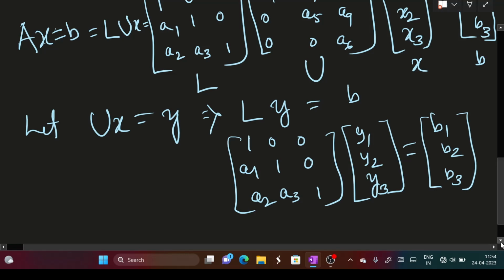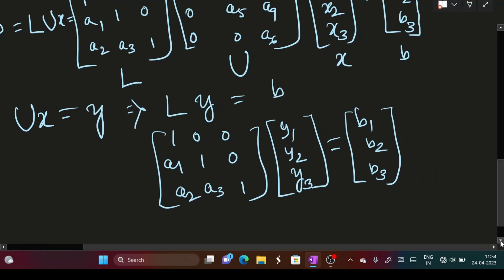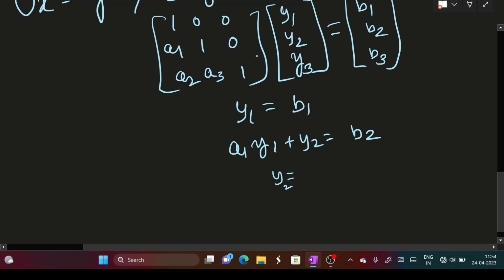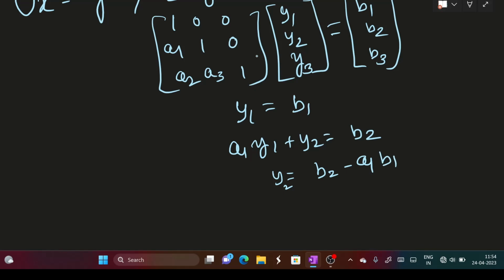Clearly one can observe very comfortably that we can find y1. When we multiply, the first equation gives y1 equal to b1, and the second equation gives a1 y1 plus y2 is equal to b2. So y2 is equal to b2 minus a1 b1.